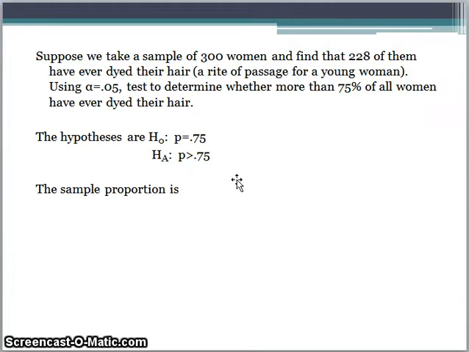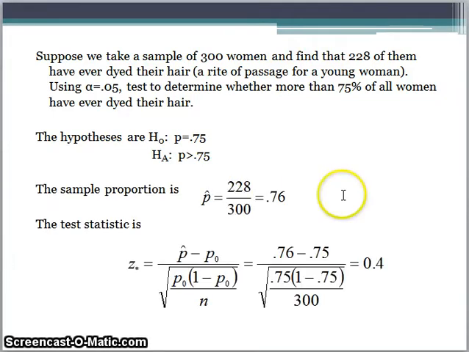The sample proportion, which I'll ask you to figure out, is p hat, 228 out of 300, which gives you 0.76. If you plug into that formula, you get 0.4. I'm actually not going to ask you to do that calculation by hand, but it's there if you want to see how it's done.